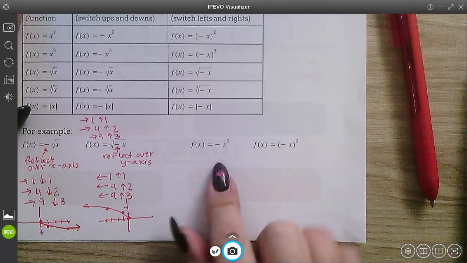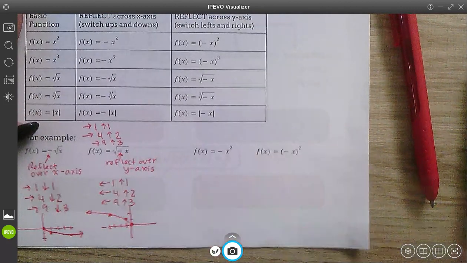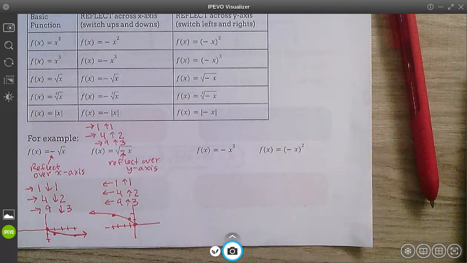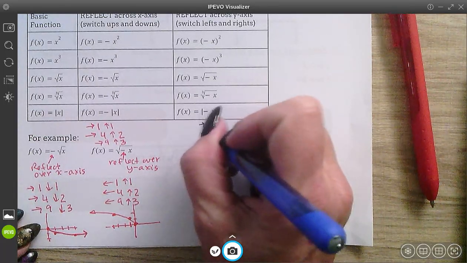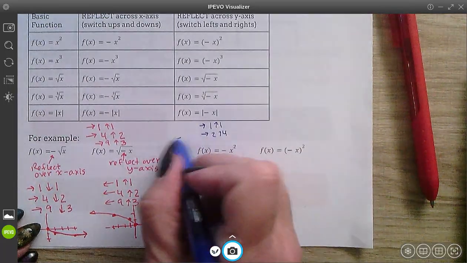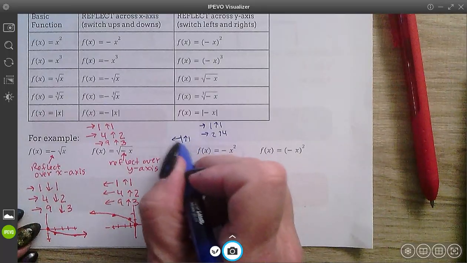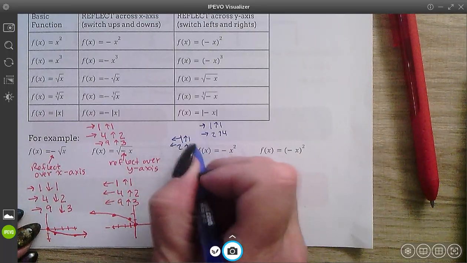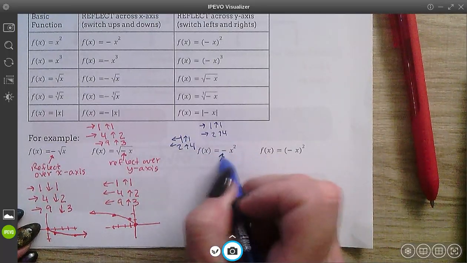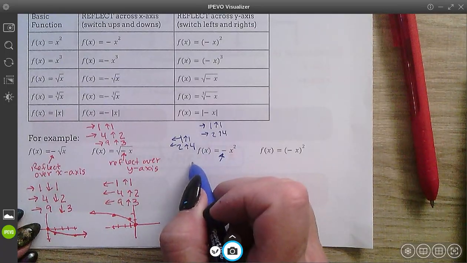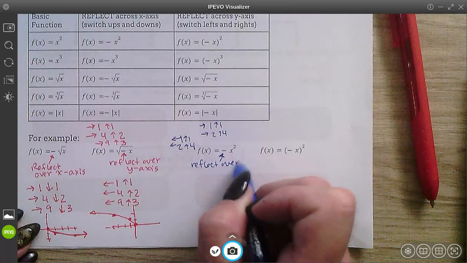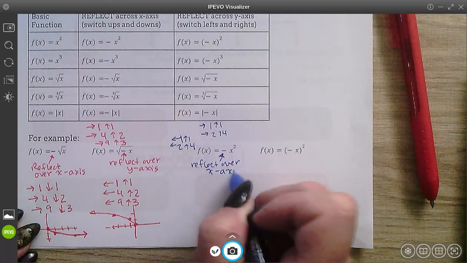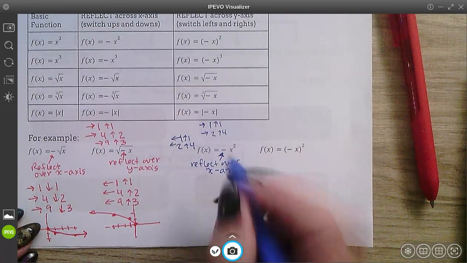If you're looking at negative x squared, remember the pattern for the x squared graph was right 1, up 1, right 2, up 4, left 1, up 1, left 2, up 4. So this reflects across the x-axis. When you reflect across the x-axis, you switch your ups and downs.